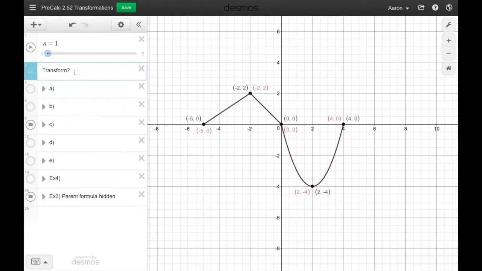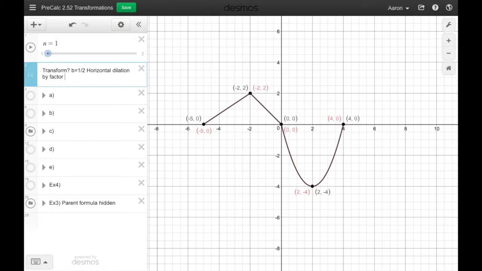When I look at the equation for C, it says r of x is equal to f of 2x. That means it's a b value. It's 2 times x. But remember, we're defining b in terms of x divided by what? It's the reciprocal of 2. The reciprocal of 2 is 1/2. So if the b value is 1/2, that means we're going to have a horizontal dilation by a factor of 1/2.